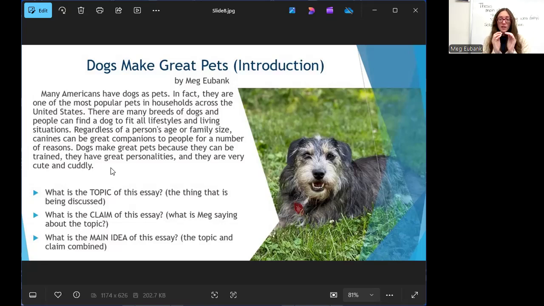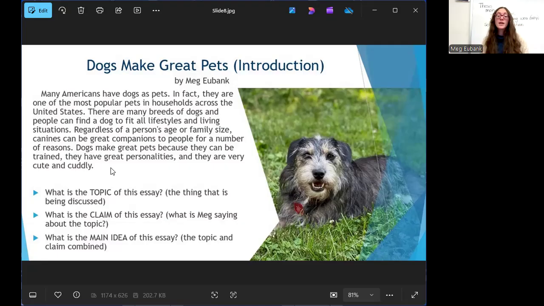They can fit your different lifestyles. I'm getting more specific. Then at the end, there is a more specific, detailed sentence, thesis statement that has the main idea in the full sentence with reasons. So dogs make great pets because they can be trained, they have great personalities, and they're cute and cuddly.